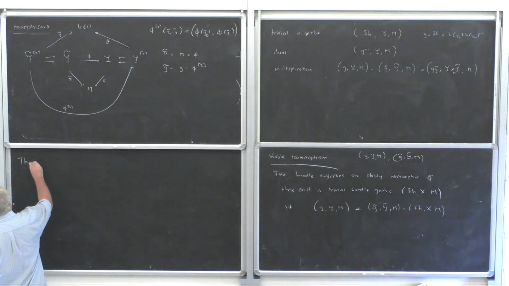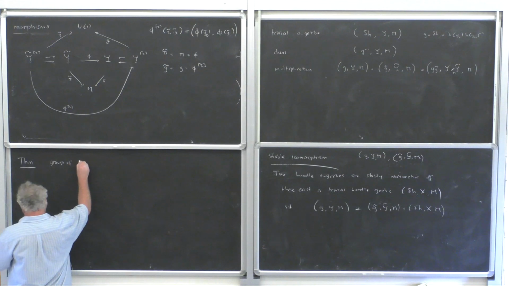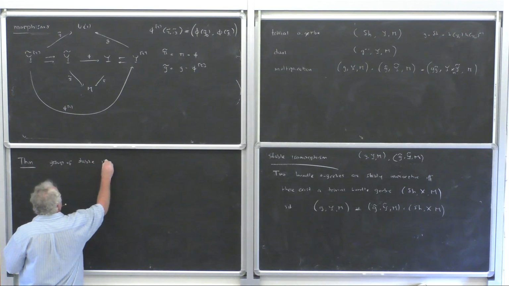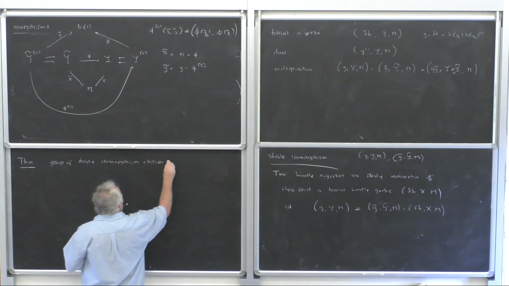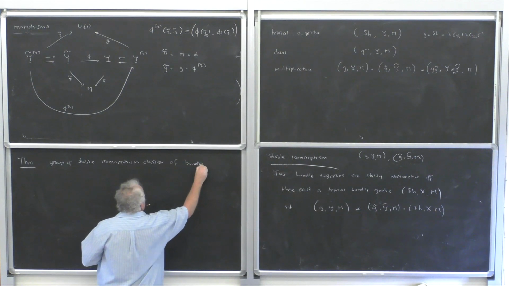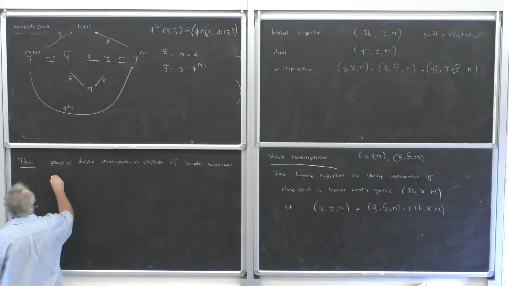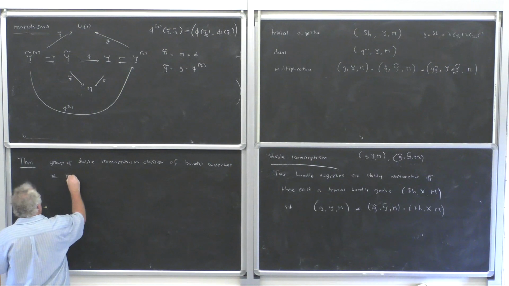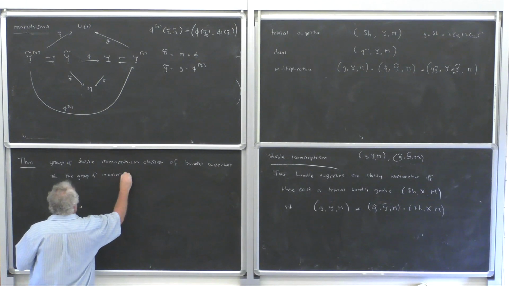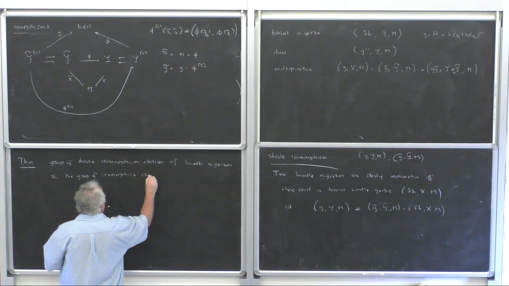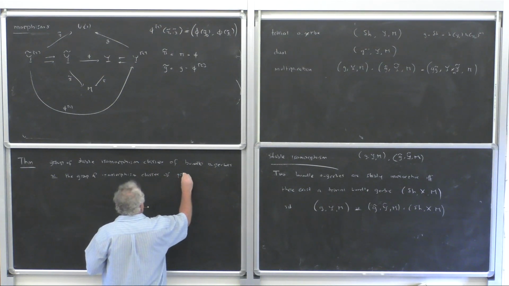The theorem is that the group of stable isomorphism classes of bundle gerbes is isomorphic to the group of isomorphism classes of principal U1 bundles.